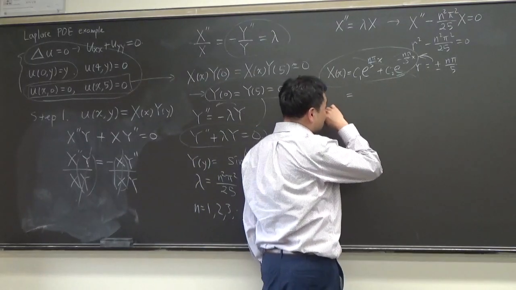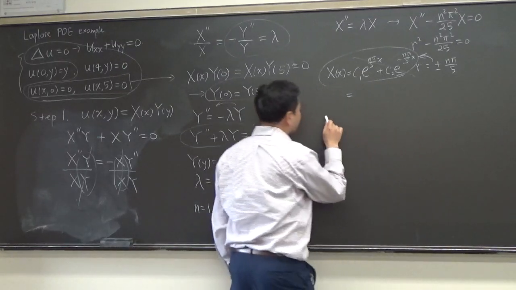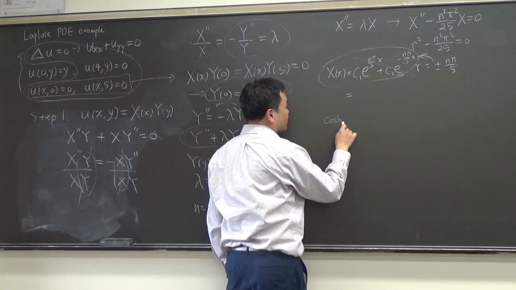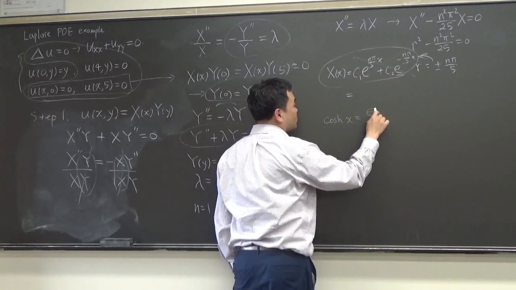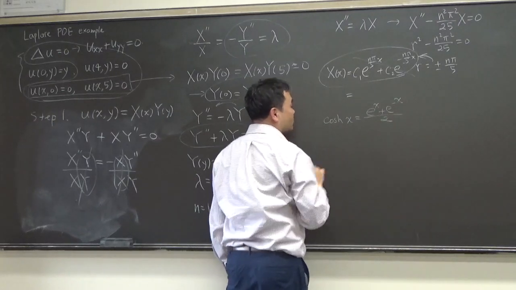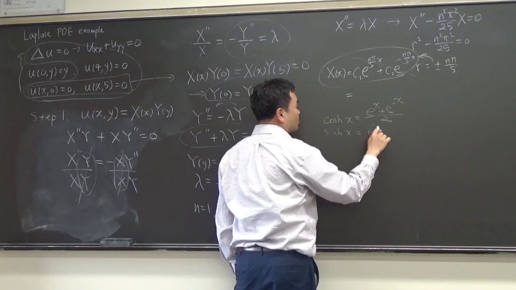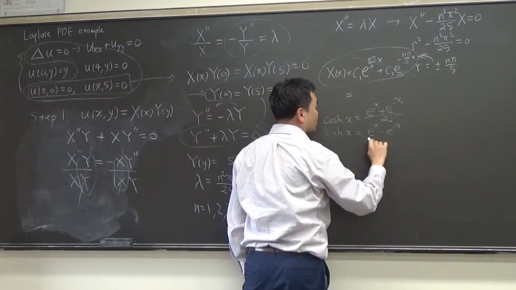So you have cosine hyperbolic of x equals e to the x plus e to the negative x over 2, and sine hyperbolic of x equals e to the x minus e to the negative x over 2.